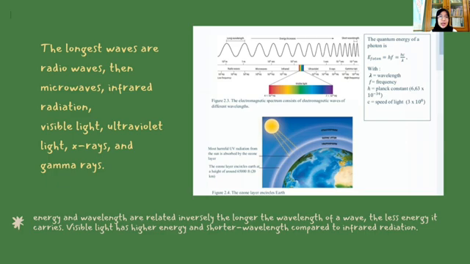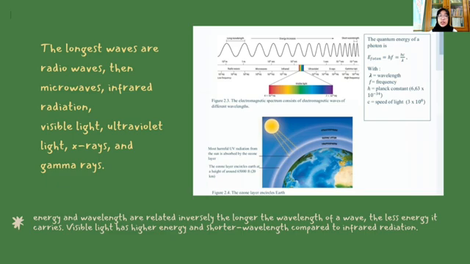A bit less than half of the radiant energy from the Sun is in the form of visible light. Electromagnetic waves have a wavelength ranging from thousands of kilometers to fractions of an atom. The longest waves are radio waves, then microwaves, infrared radiation, visible light, ultraviolet light, X-rays, and gamma rays.